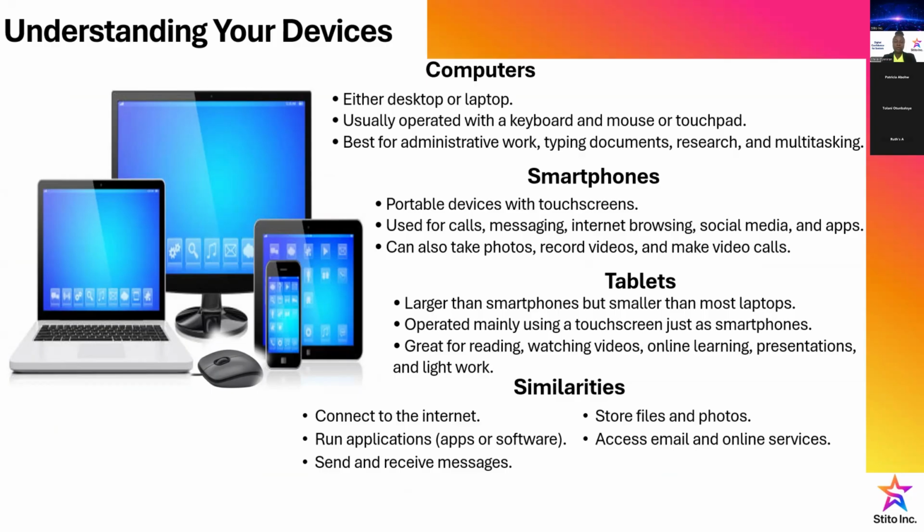We also use a mouse, which looks like a mouse, that animal, which is what we have in the middle here, that has the left and the right part and something in the middle. We use computers generally for administrative work, when we want to type documents, do research, or do many things at the same time and we need a bigger screen, different from our smartphone.